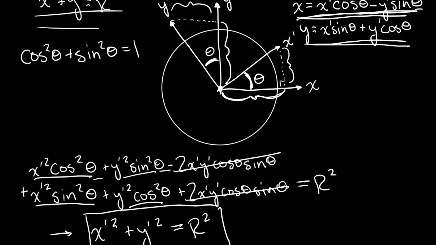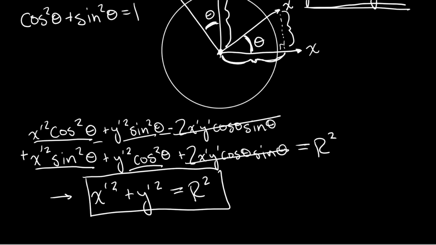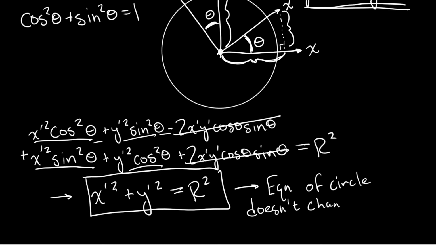So this is the mathematical way that we see the symmetry. We see that the equation describing the circle doesn't change after rotating coordinates.